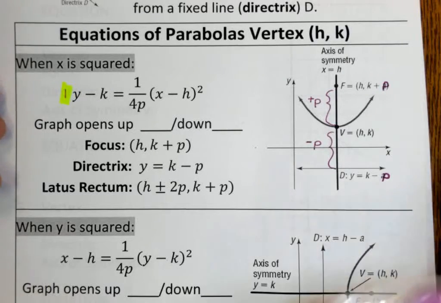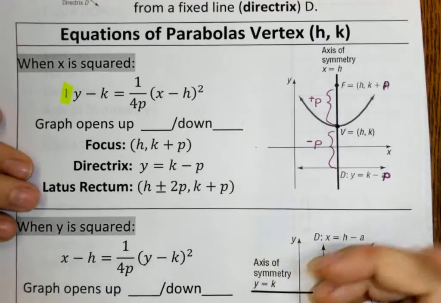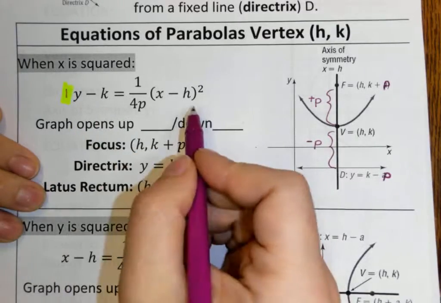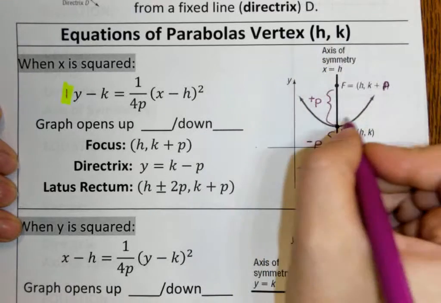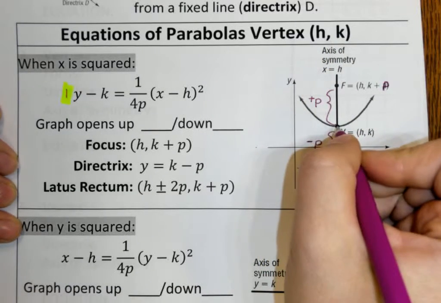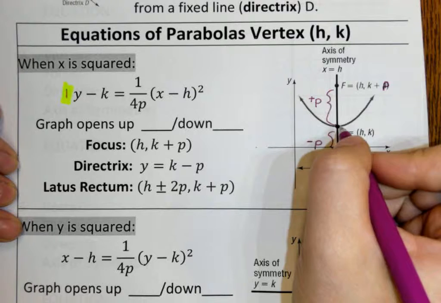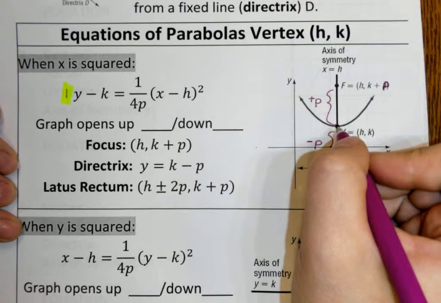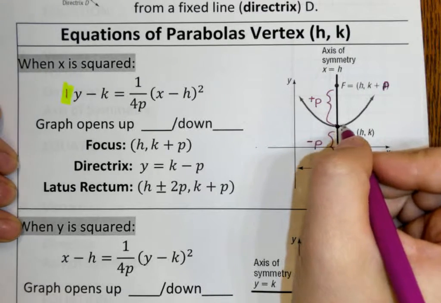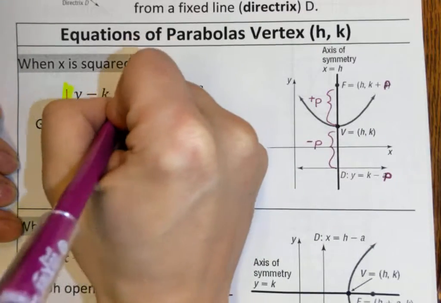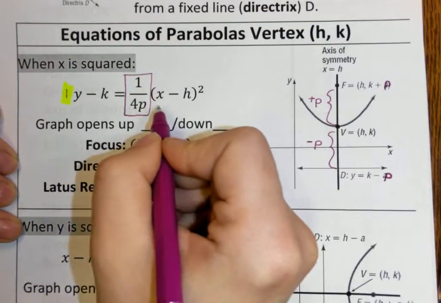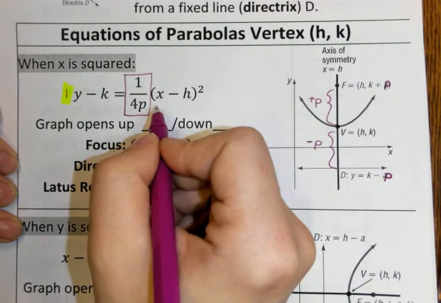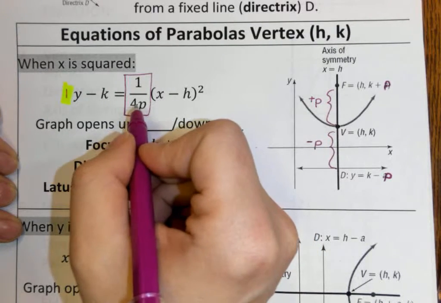So when you're starting with a parabola, you pull your vertex out. Your vertex is always at h, k. So you start by pulling your vertex out. It's basically the center that you would have dealt with on anything else. Okay? Then what you do is you look at the number that is in front of your x squared. And you use that number to figure out what your p is.